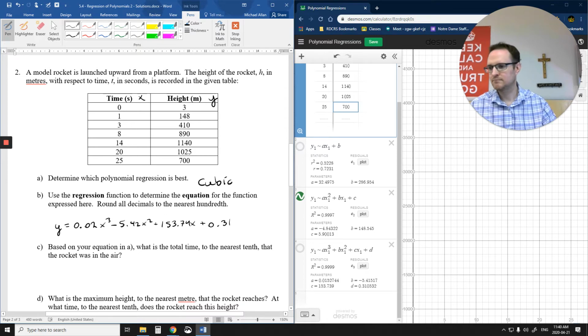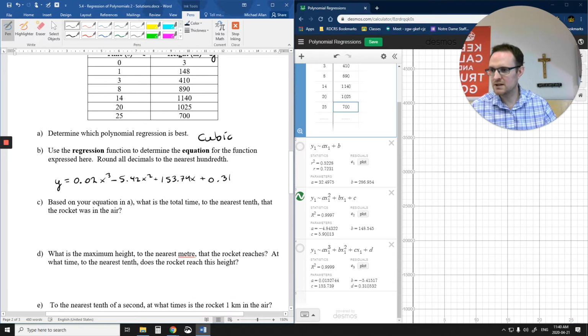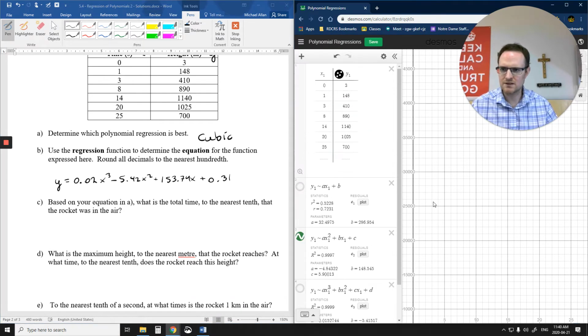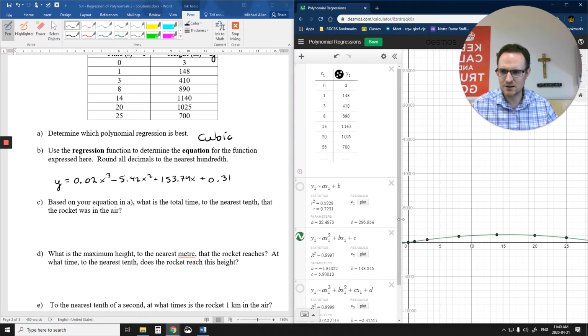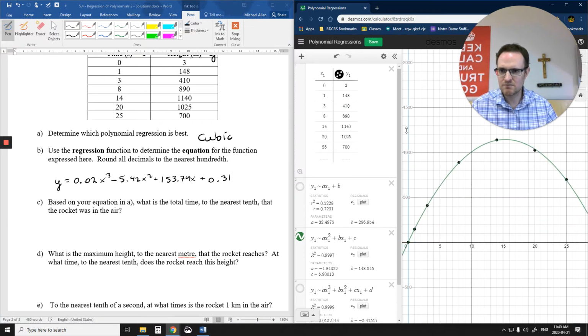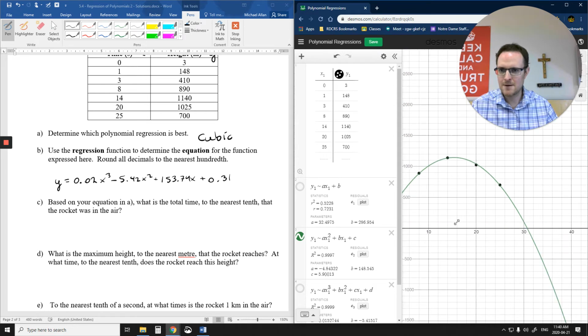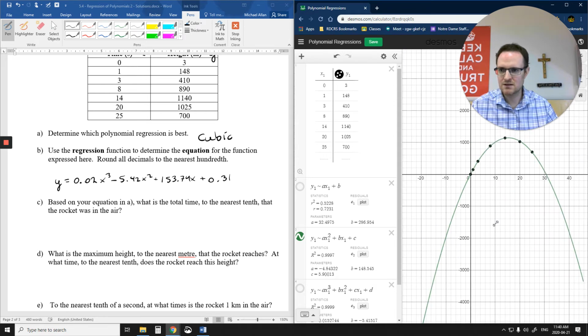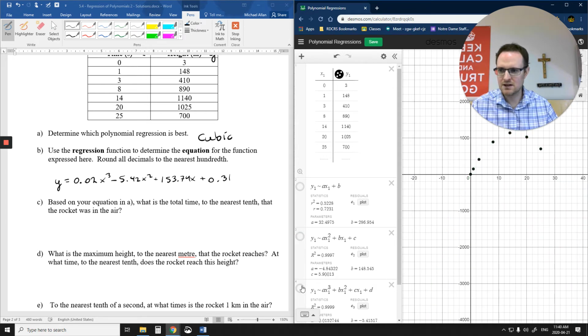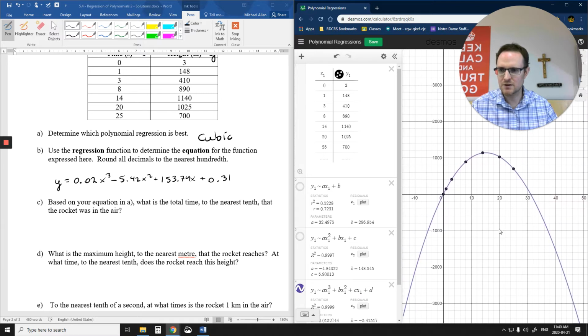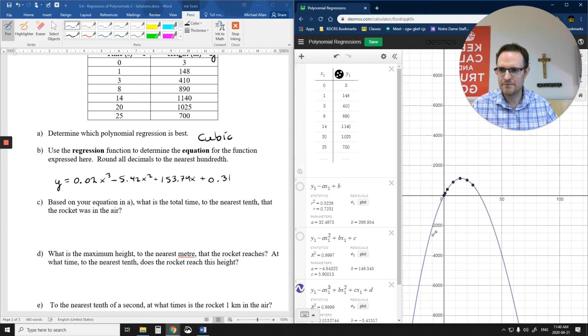There you go. Based on the equation, total time. So I'm going to look at this equation. Where's my graph here? It looks pretty good. Just pull that out a little bit. Zoom here just a bit. We're using the cubic one here. So let's use the cubic one. So I'm turning the cubic one back on.